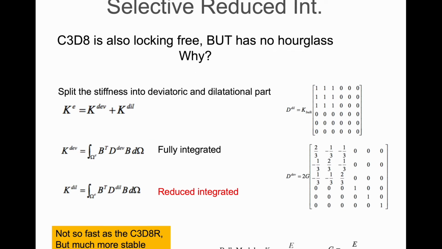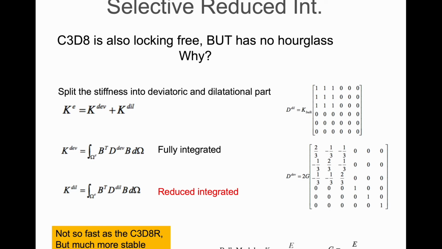So why? Because in the C3D8 element, instead of using a reduced integration scheme on the whole element, we are going to use what we call the selective reduced integration. So if you recall solid mechanics, you will remember that we have the deviatoric and dilatational, or in Portuguese, hidrostático e de desvio. So we separate the volumetric part, or dilatational or hydrostatic, and the deviatoric part of the stress and strain tensor.